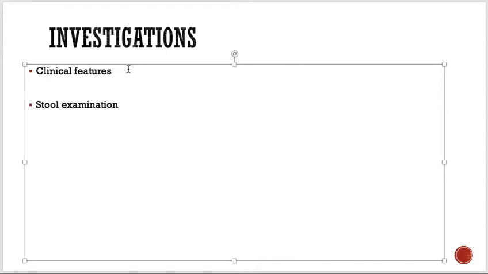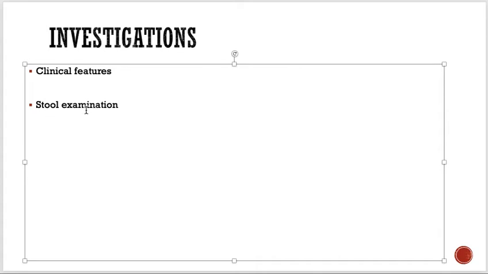In stool examination, they can simply find the ova and the parasite. But with routine stool examination for ova and parasites, most of the time they fail to detect the organism. The clinicians must specify that we have to check for Cryptosporidium species.